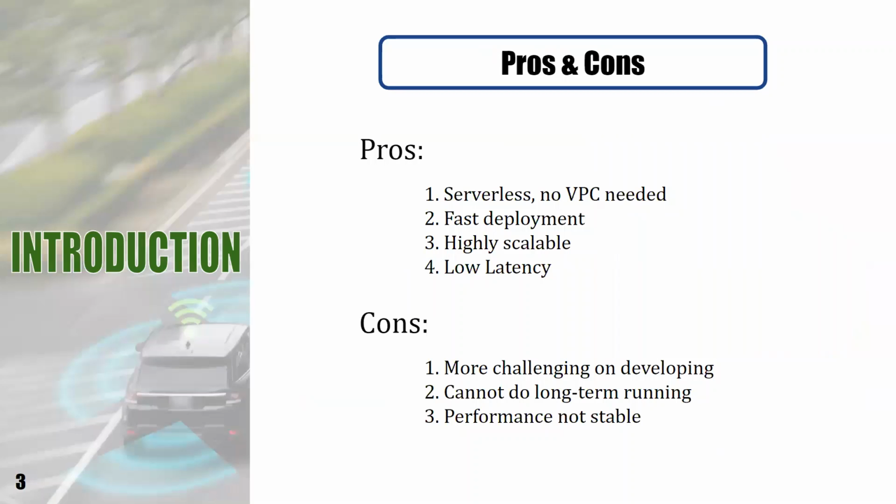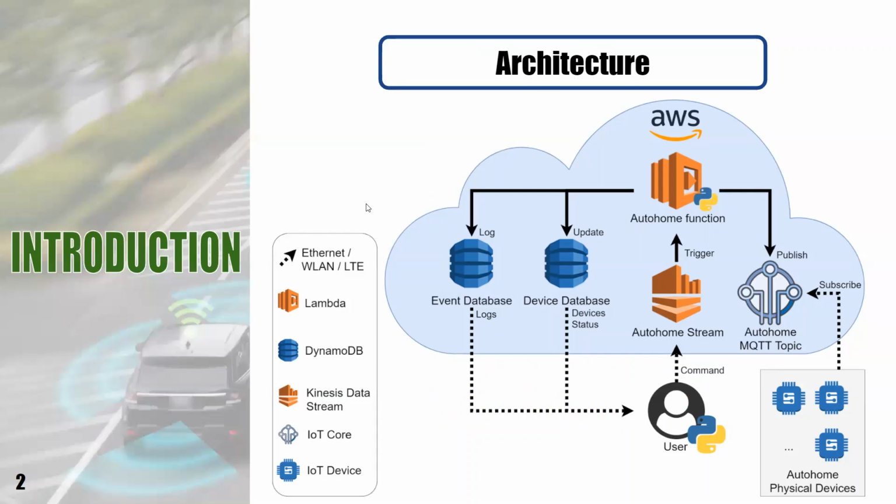Let's take a look at the pros and cons of my solution. First is the advantage. My architecture runs serverless, which means no server is really needed. You can use this method to reduce your cost, since the Lambda function only runs when you need it to. It's not like a server you have to run permanently even when you have no tasks.